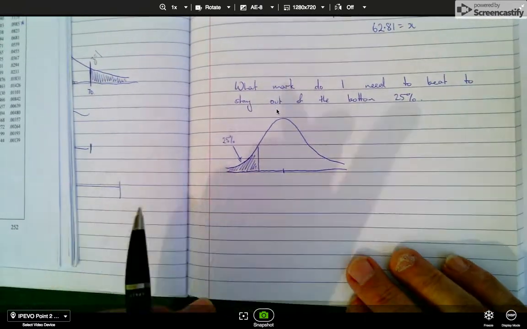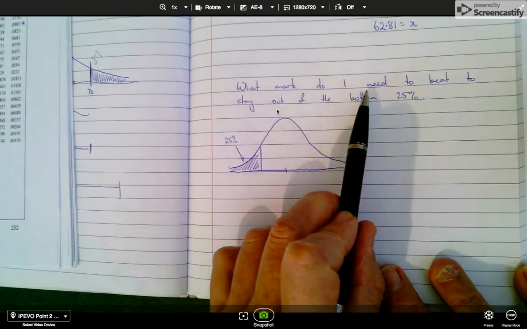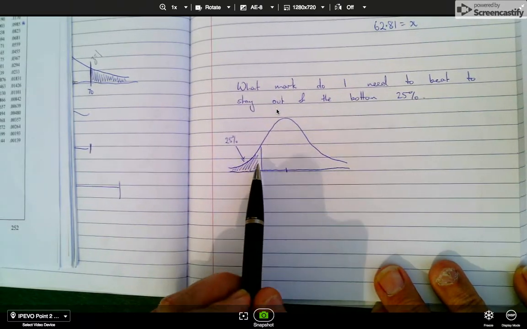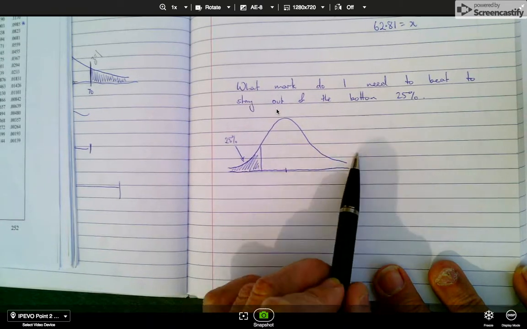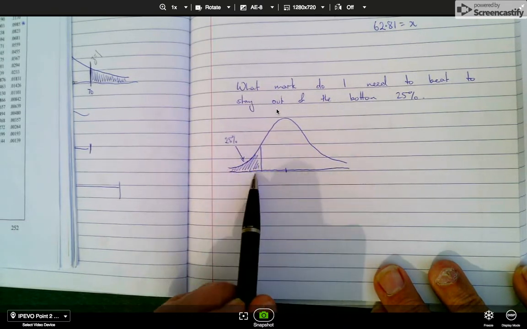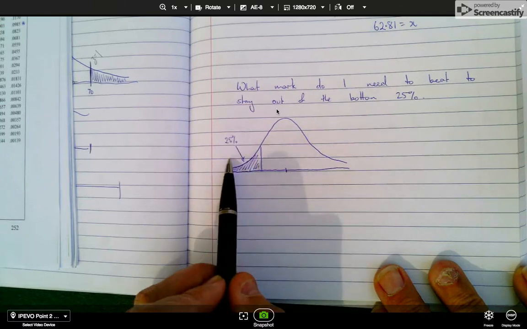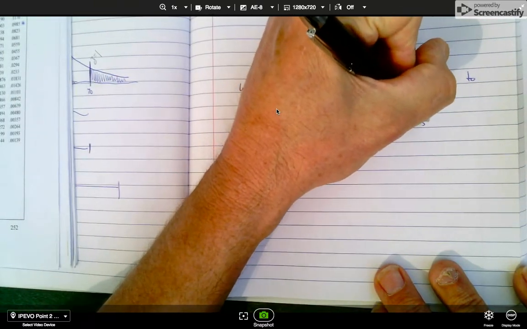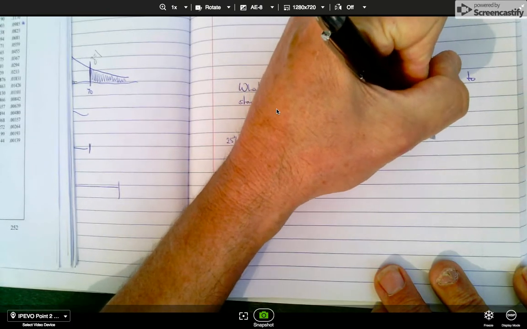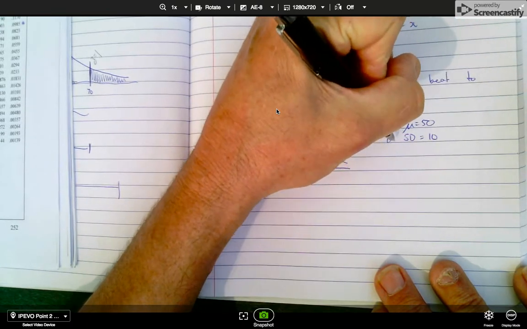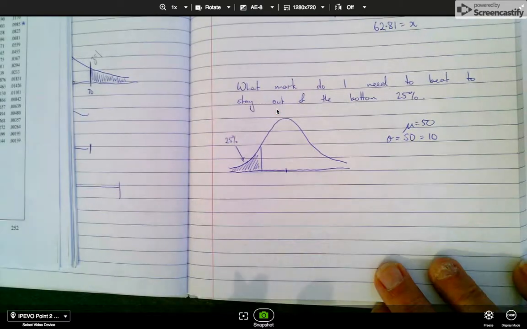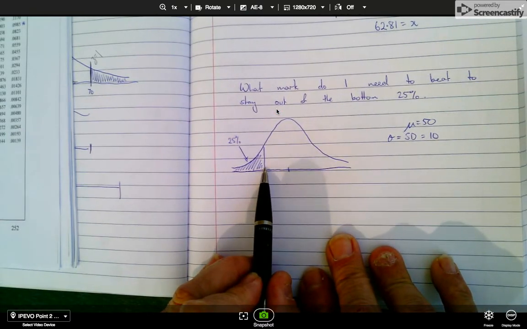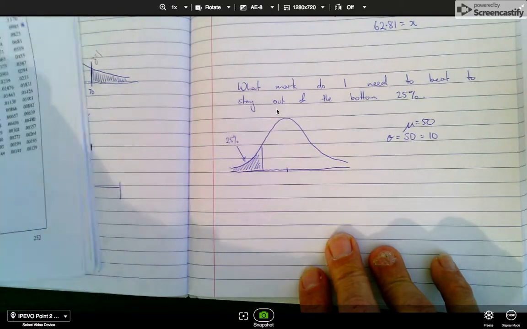Suppose we want to change this. What mark do I need to beat to stay out of the bottom 25%? So now I'm not looking at getting the top 10%. I'm looking at what mark do I need to stay out of the bottom 25%. Now remember, the mean equals 50 and the standard deviation equals 10. So again, the first thing we want to do is find out the Z score.